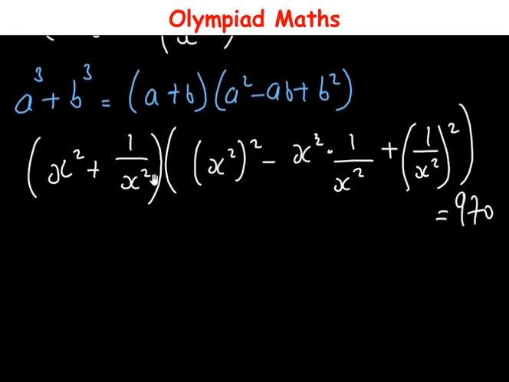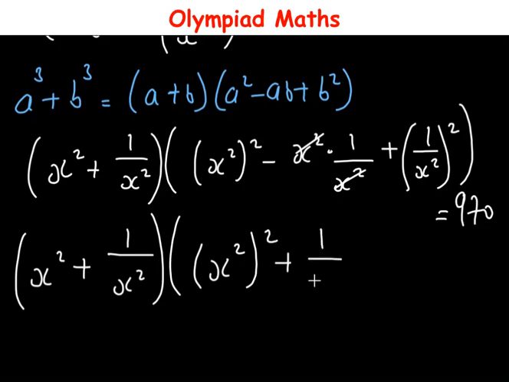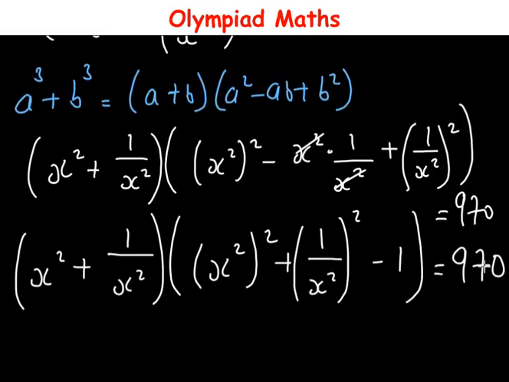So from this, we have in brackets x squared plus 1 over x squared multiplied by, now x squared will cancel x squared, we have in brackets (x squared) all raised to the power 2, then we have plus (1 over x squared) all raised to the power 2, then minus 1, and this equals 970.